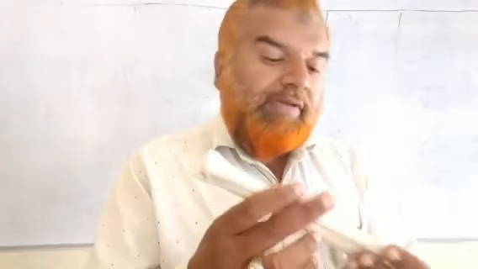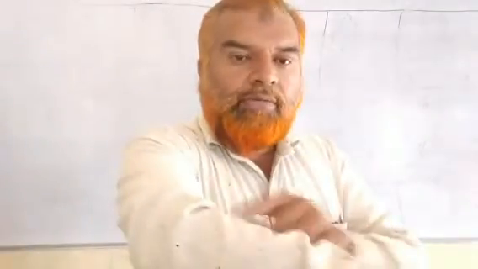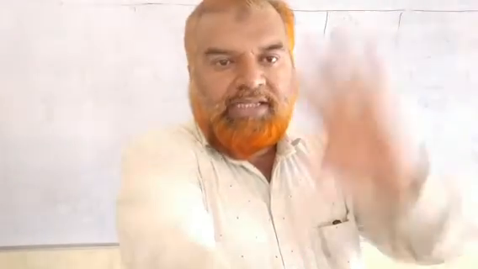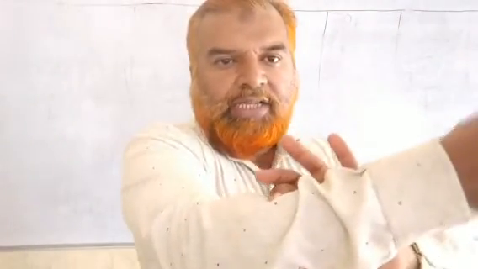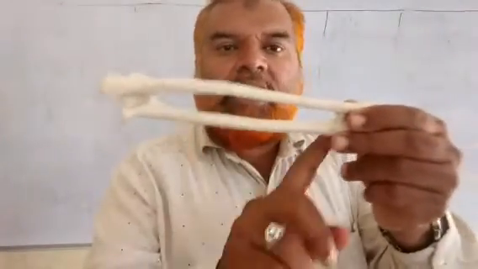This will be like this from the elbow till the wrist. If you hold your arm like this, you can feel two bones here. One is above, radius, and below is ulna. So this is the radius and this is the ulna bone.